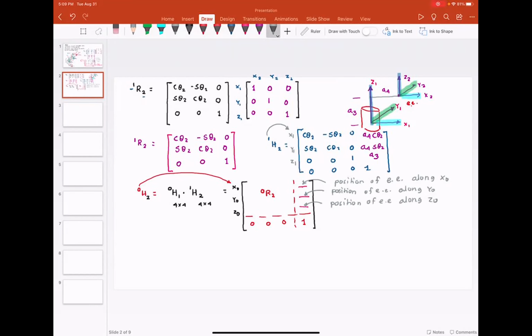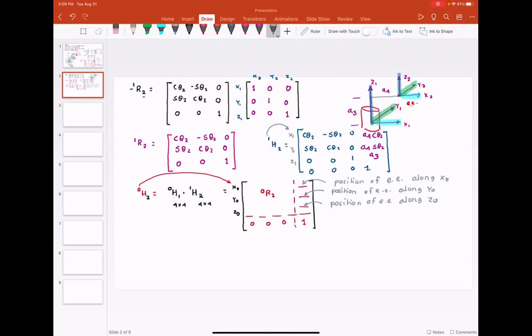So let me go a step further and teach you the velocity analysis. At this point, what I have are equations for positions. Do you agree with me? If I take the derivatives of those, I'm going to get the velocity of the end effector along x0, y0, z0. Everyone understood this? That is the whole velocity analysis.